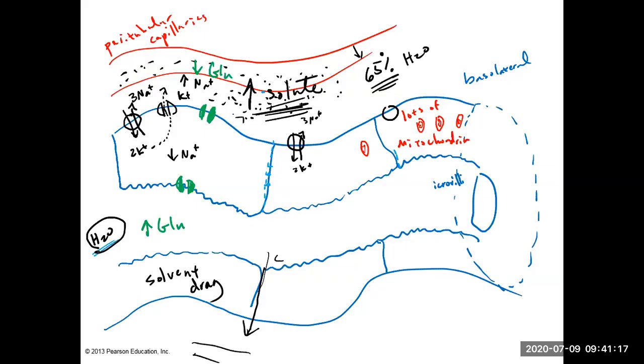So it is rather important to think about that. All right. So what do we need to do? We need to reabsorb the glucose. Now, this is a secondary active transport. If you don't know what that is, go back to reviewing the notes on chapter 3.